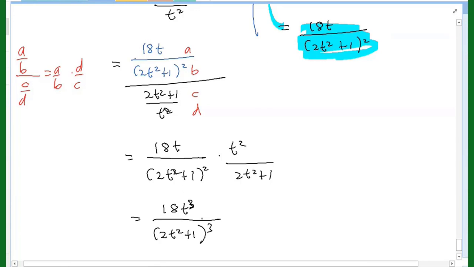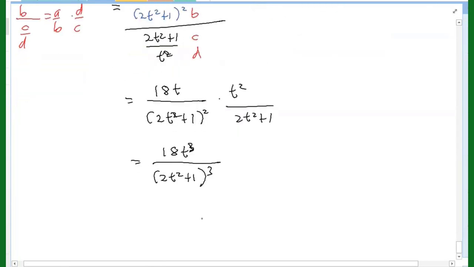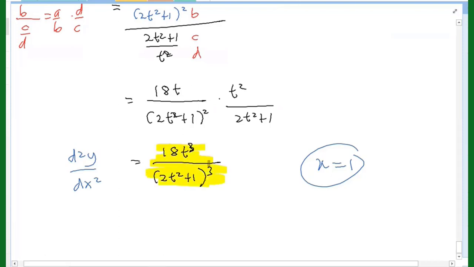Okay, so when x is equal to 1. Okay, check. Because this one is d2y/dx squared, then we want to substitute. This one is parameter t. Okay, parameter t, given x is equal to 1. So you still need to find the value of t.